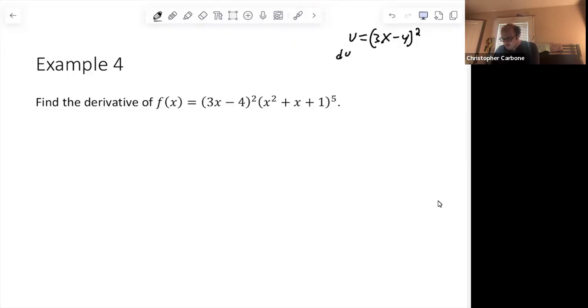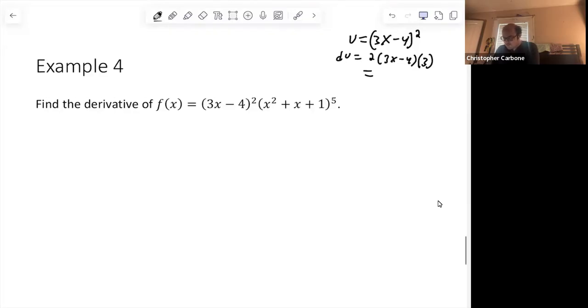So du will be 2 times 3x minus 4 times 3. So that would be 6 times 3x minus 4, so 18x minus 24, based upon what we have there.